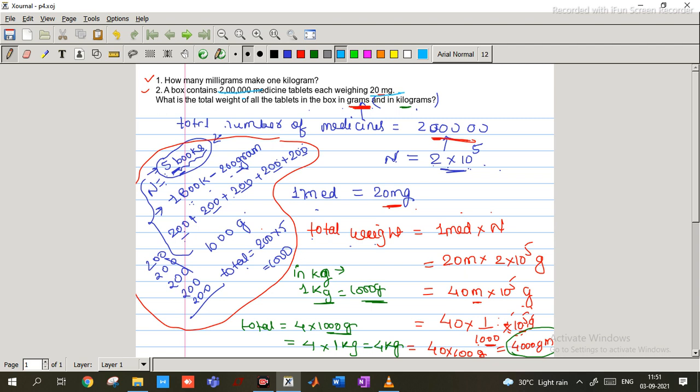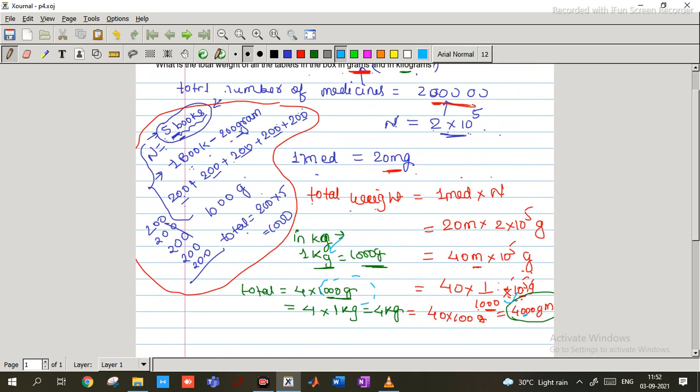And this answer, after calculation, we got as 4000 gram. In order to convert it into kilogram, I have taken this 1000 aside, and in place of 1000 gram, I know it makes 1 kilogram. So I have converted into 1 kilogram. Okay, I hope you got this point.